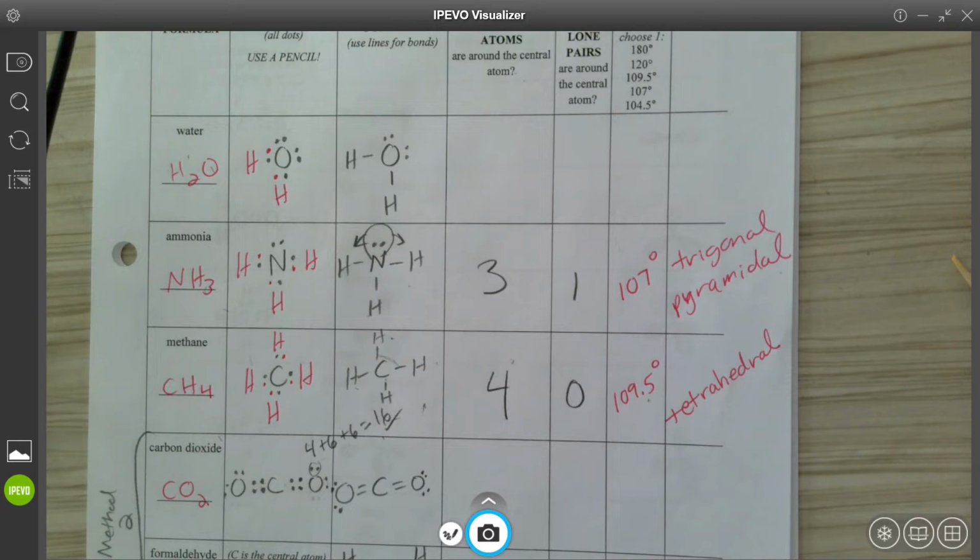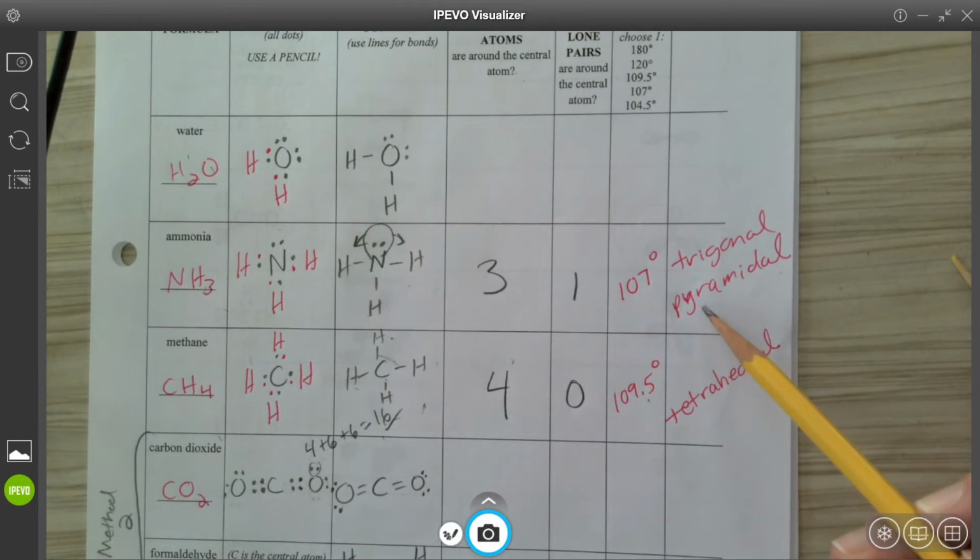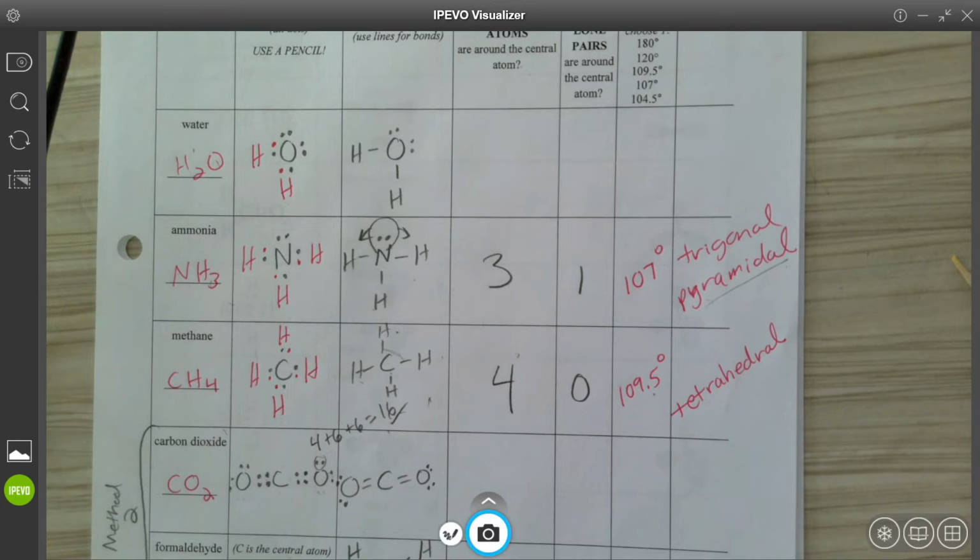I want you to sound smart when you get to college. If you say pyramidal, they'll know that you know what you're talking about. Because everyone that's never heard of it says pyramidal, but everyone that's learned it says pyramidal.